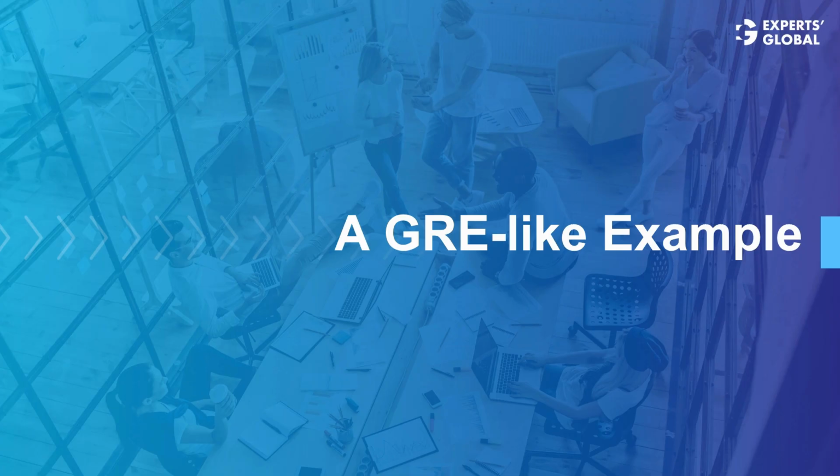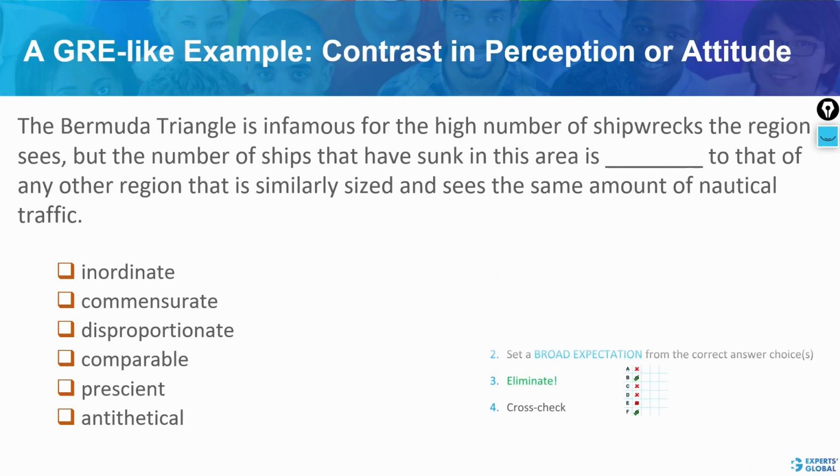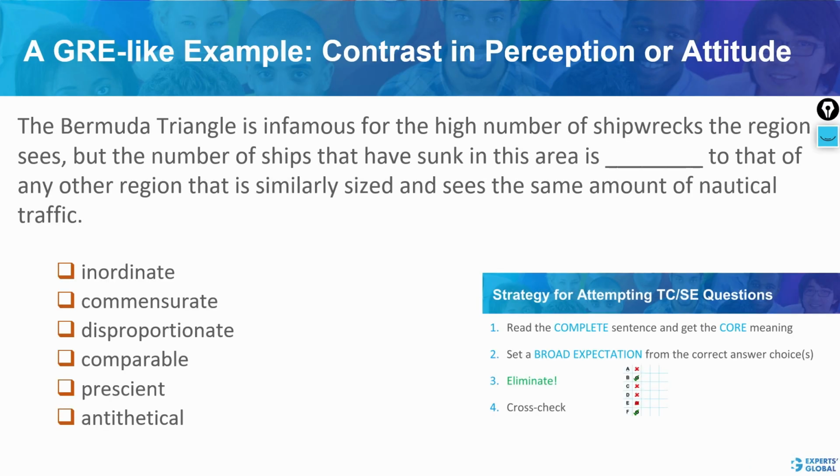On that note, let's take a GRE-like example. Here is the question. Here is the correct 4-step approach. Please pause the video and solve this question. The Bermuda Triangle is infamous for the high number of shipwrecks, but so we see a contrast, a shift here.